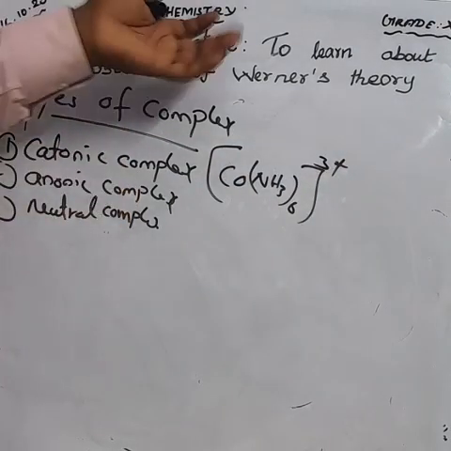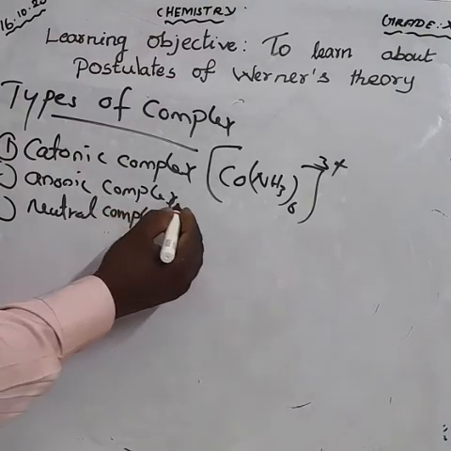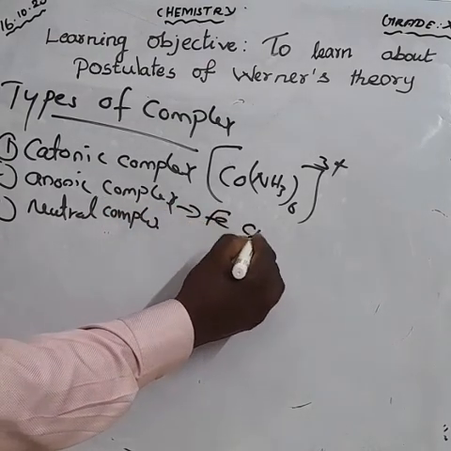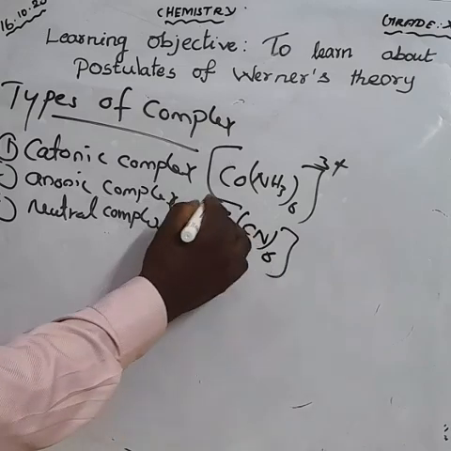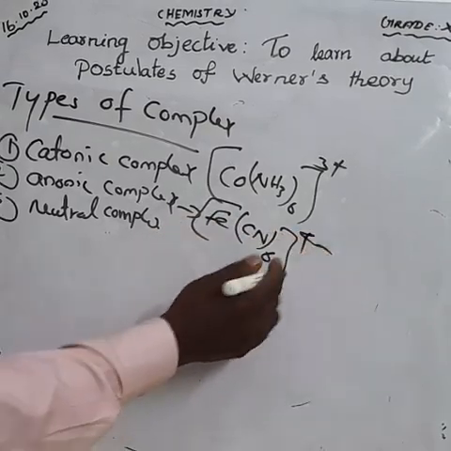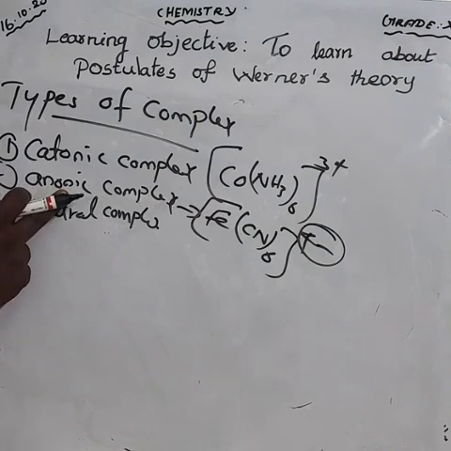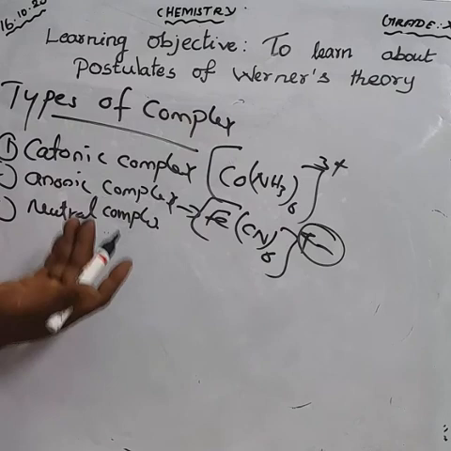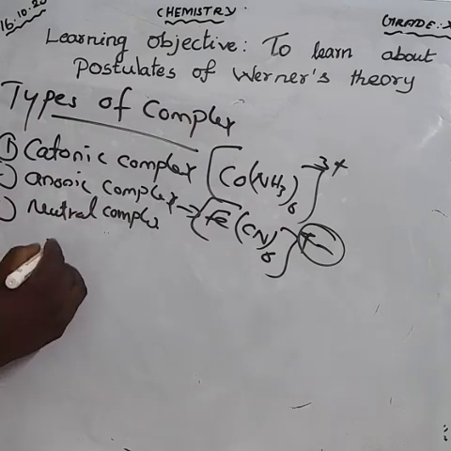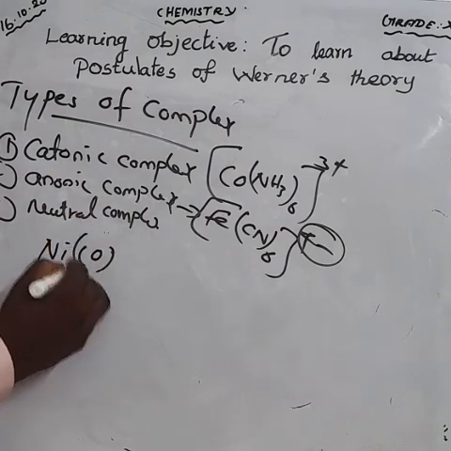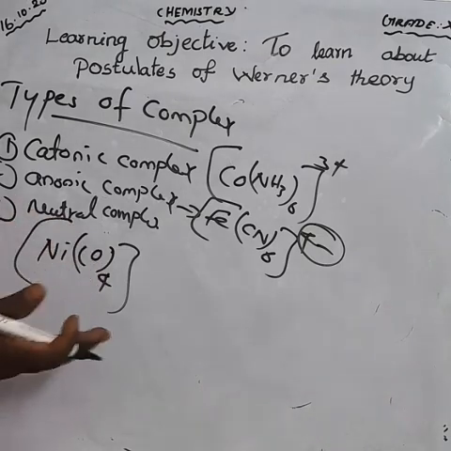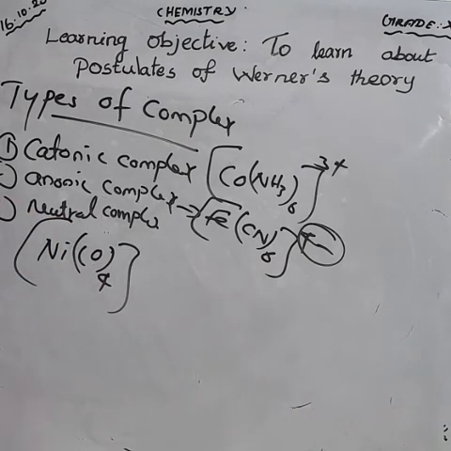Suppose it has a negative charge, then anionic complex. For example, [Fe(CN)6]4-. Negative charge, so we say anionic complex. Suppose there is no charge, for example Ni(CO)4. No charge, so we say neutral complex.